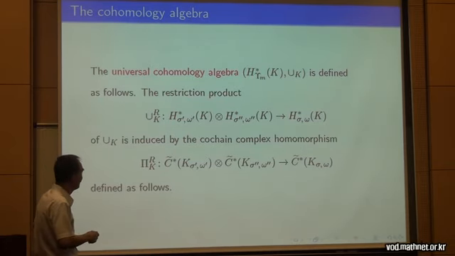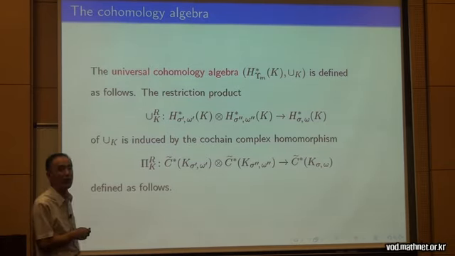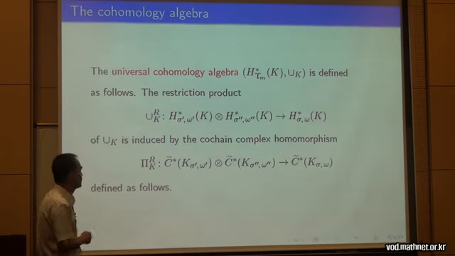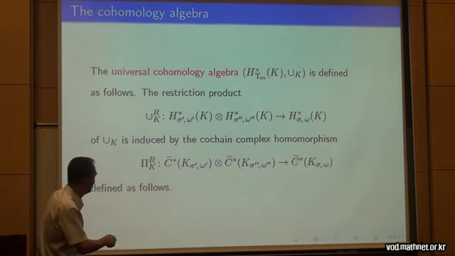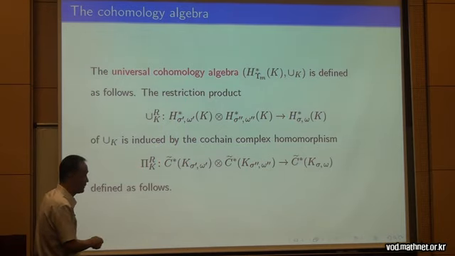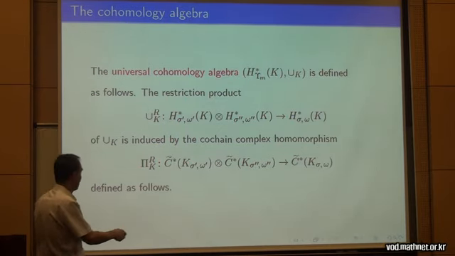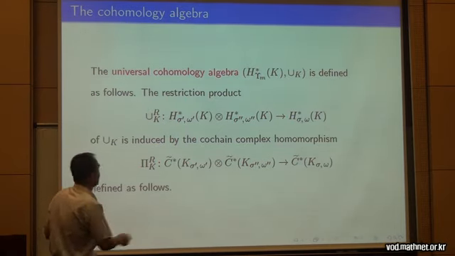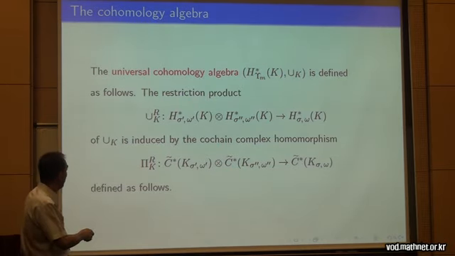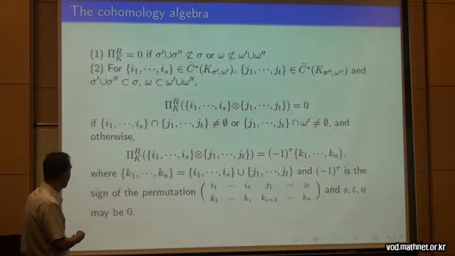The only way to describe its product structure is to define its restriction product. Its restriction product is induced by this simplicial chain complex. Sorry, I forgot there should be a sigma; this should be degree uplifted by 1, and this is defined as follows.